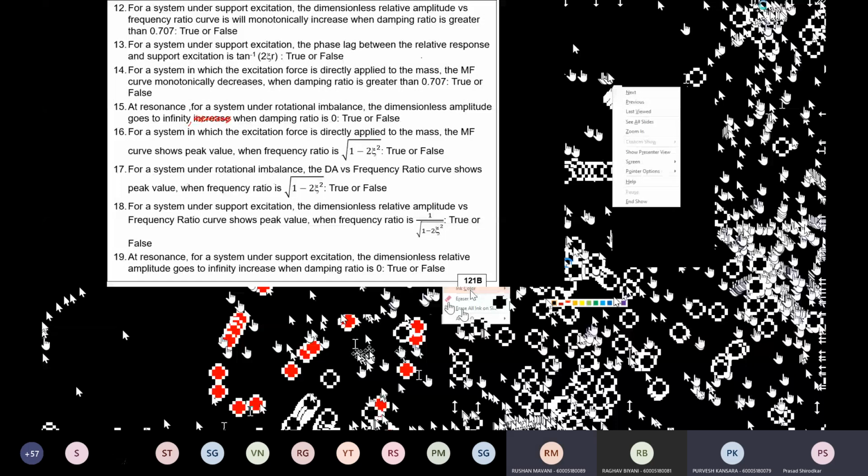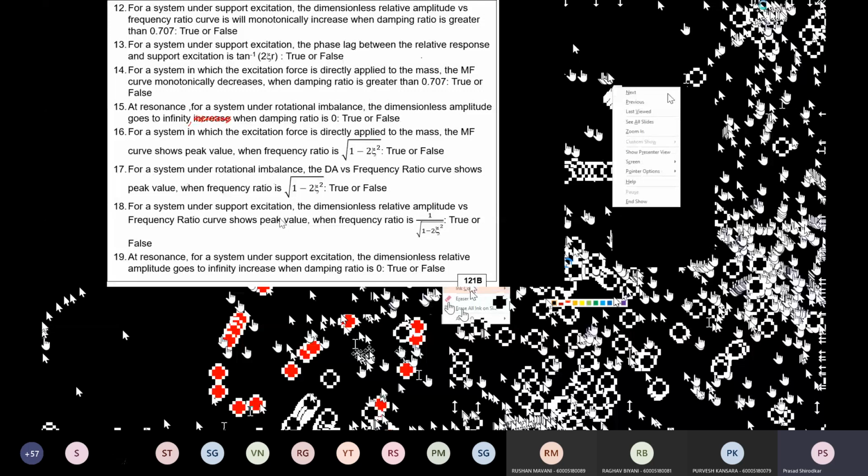Sir, but when the damping ratio is... at resonance for a system under rotational imbalance, the dimensionless amplitude goes to infinity when damping ratio is 0. Yes, it should be true. Actually, okay, let me correct it. Alright, you should see the updated score.